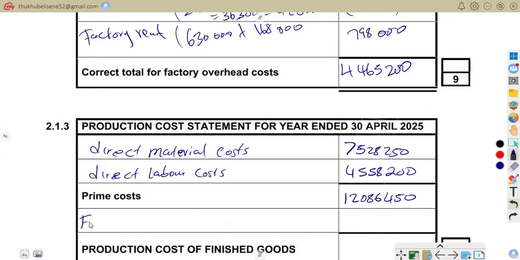The factory overhead cost we already calculated. This is the amount that I'm talking about, 4,465,200. So that is that.